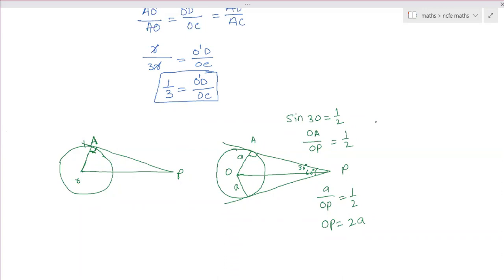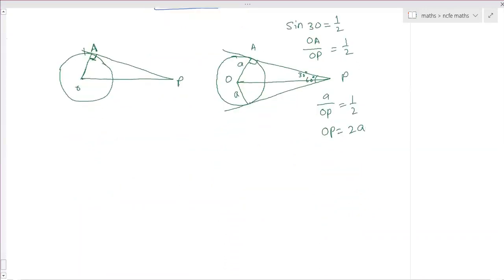PQ is a tangent to the circle with center O at the point P. OPQ is an isosceles triangle. The angle OQP. So it is an isosceles triangle.